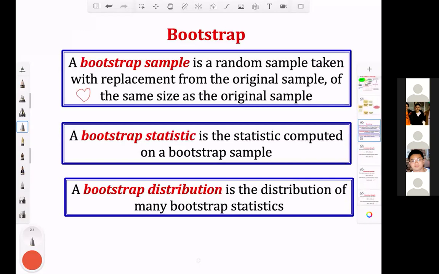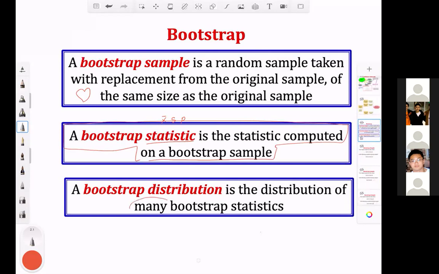Second, a bootstrap statistic: that means the average, the standard deviation, the proportion, any statistic computed on the bootstrap sample. The bootstrap distribution is a distribution of many bootstrap statistics.